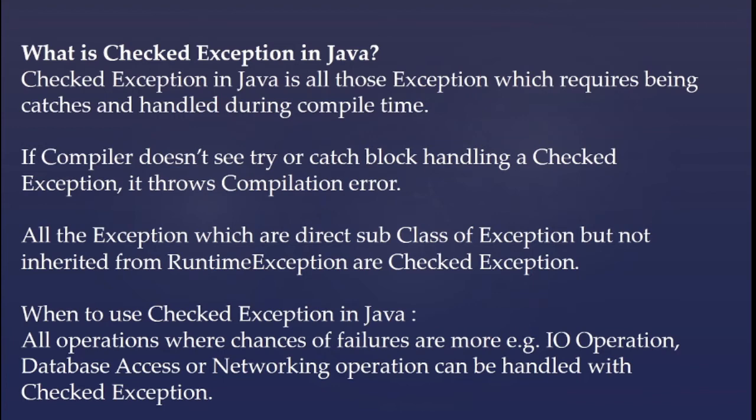All the exceptions which are direct subclasses of Exception but not inherited from RuntimeException are checked exceptions. When to use checked exception in Java? All the operations where the chances of failure are more, that is IO operations, database access or networking operations, can be handled using checked exceptions.